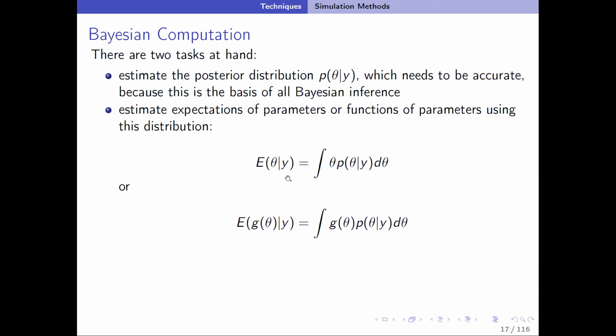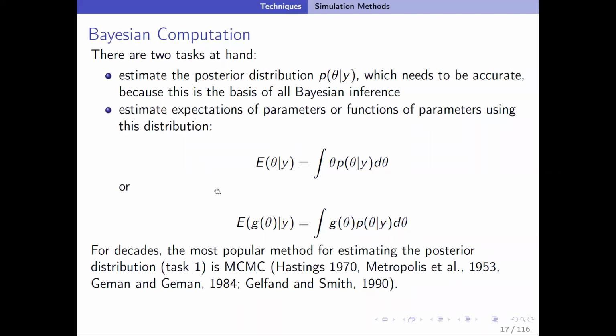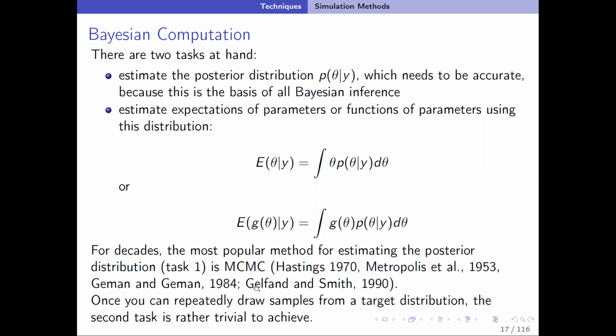So there are two tasks involved here. For the past three or four decades, the most popular method for estimating this distribution is sampling based, using MCMC. And the nice thing about MCMC is that once you use simulation to draw a sample from a target distribution, the second task is actually trivial.